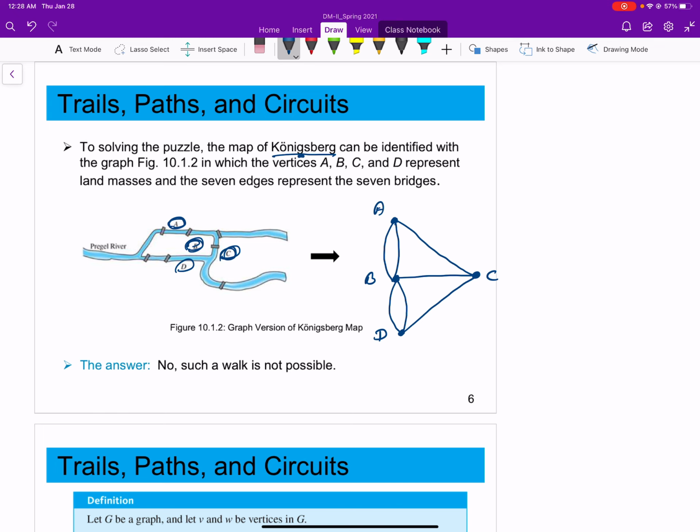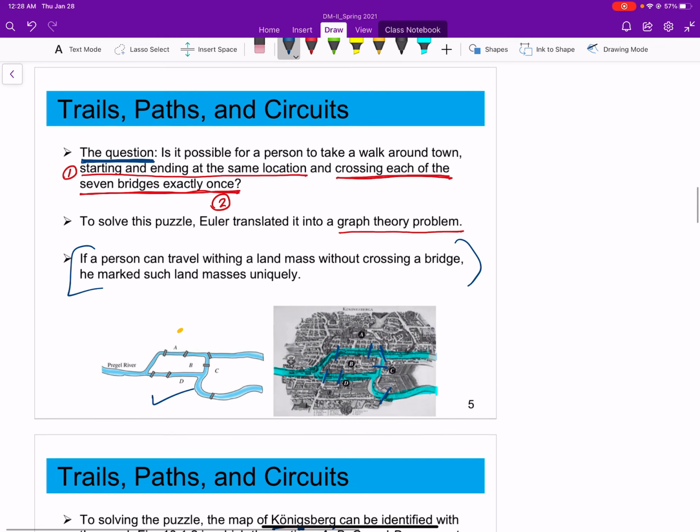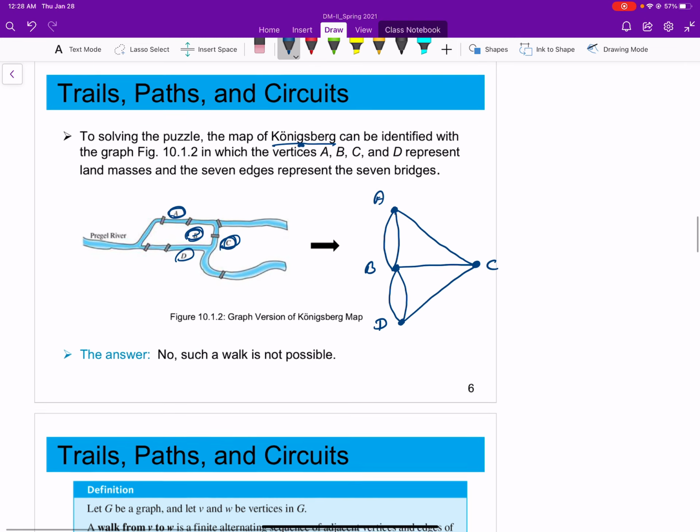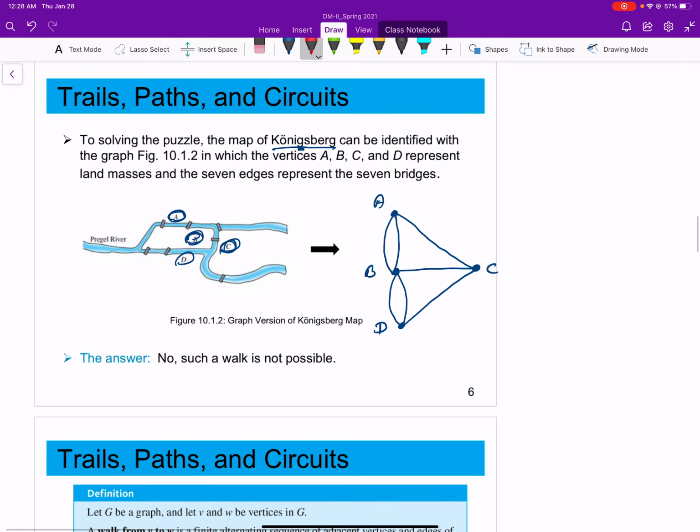All right. So let me read the problem again. The problem is this: is it possible for a person to take a walk around the city, starting and ending at the same location and crossing each of the 7 bridges exactly once? Okay, so let me consider. I'm starting from here. I have to come back to the same place.